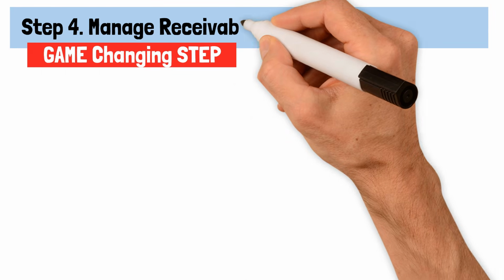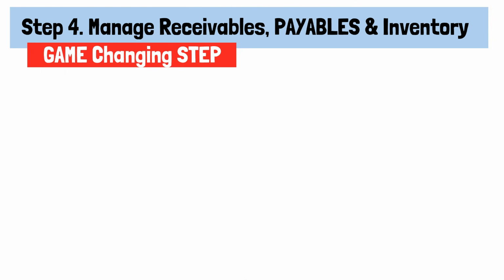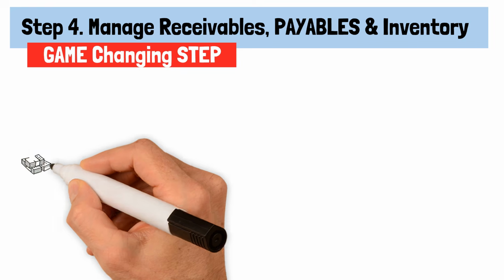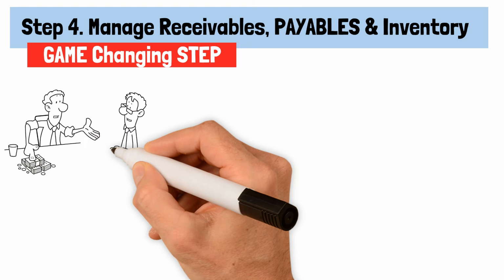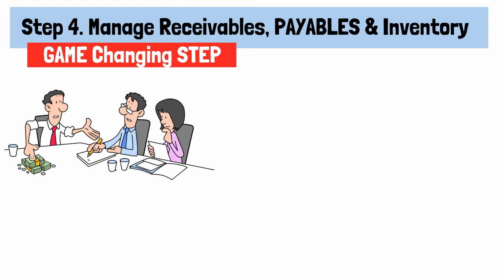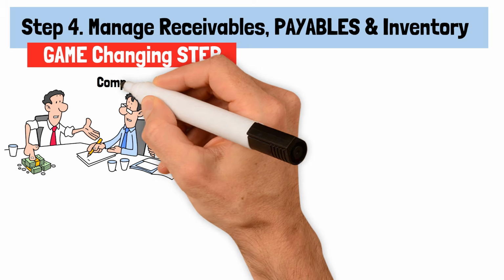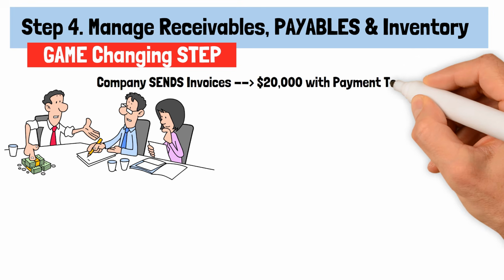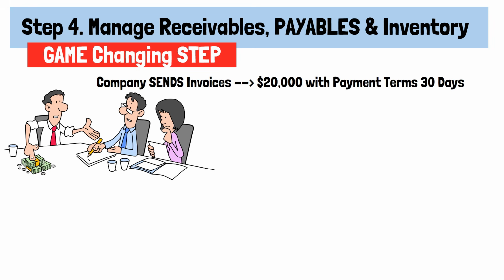Step 4. Manage receivables, payables, and inventory. Managing receivables, payables, and inventory effectively keeps cash moving through the business at a healthy pace. Imagine a company that sends invoices totaling $20,000 to customers with payment terms of 30 days.